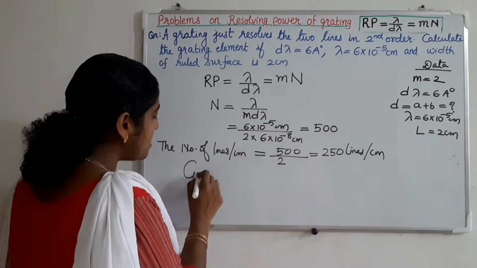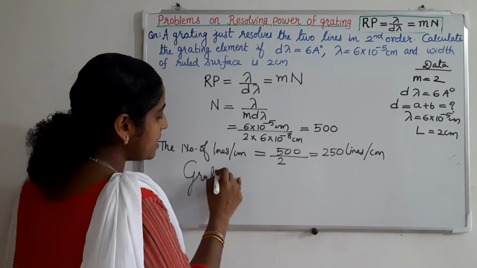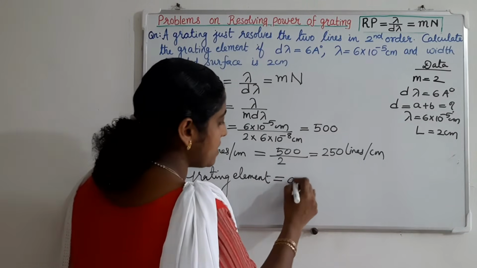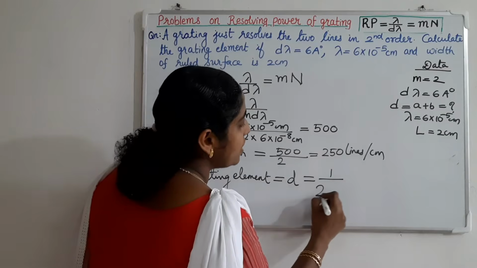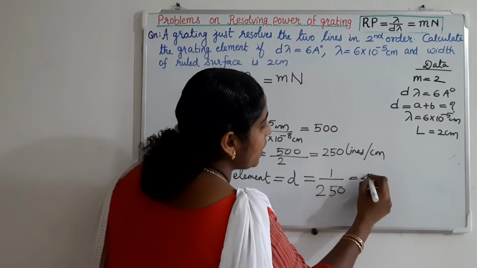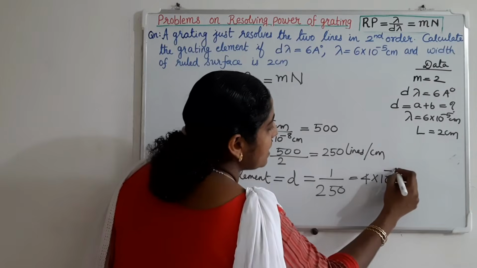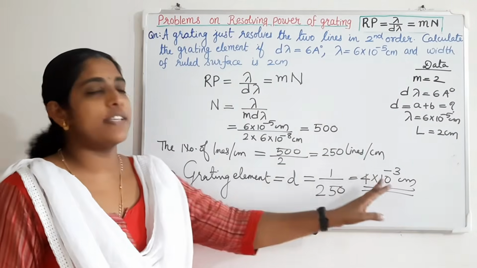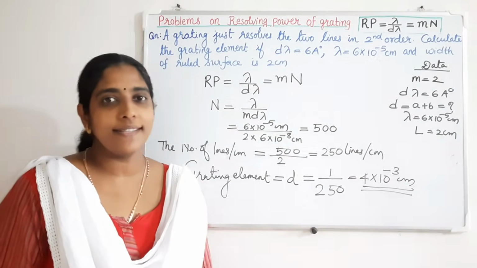So what will be the grating element? Grating element is the reciprocal of the number of lines per centimeter, that is equal to 1 by 250, that is 4 into 10 raised to minus 3 centimeter. So the grating element of the given question is 4 into 10 raised to minus 3 centimeter.